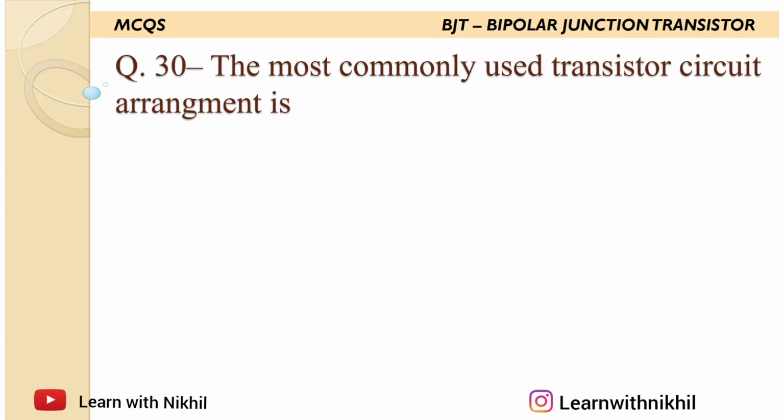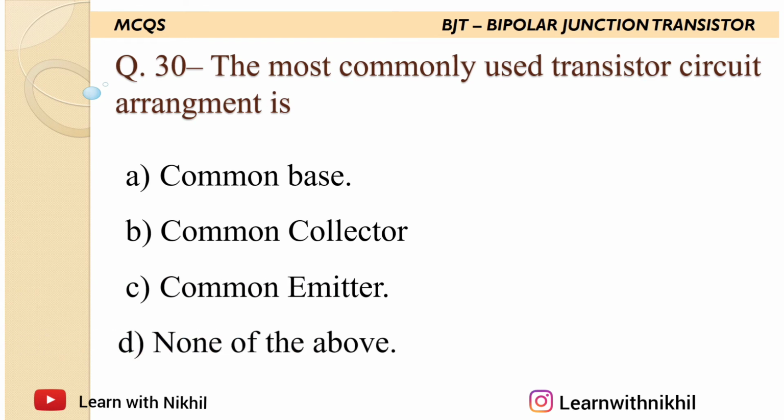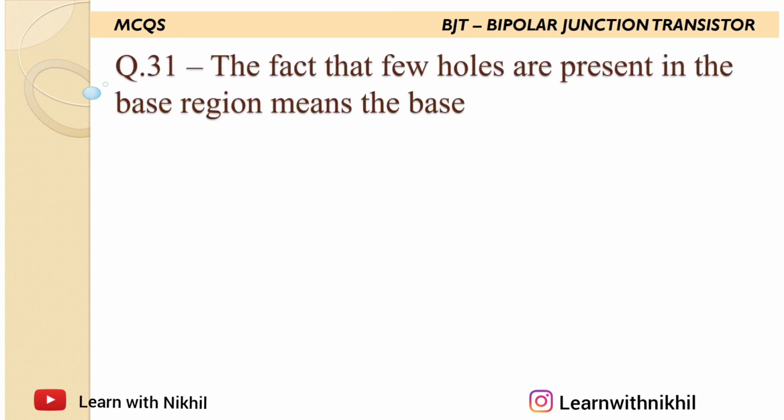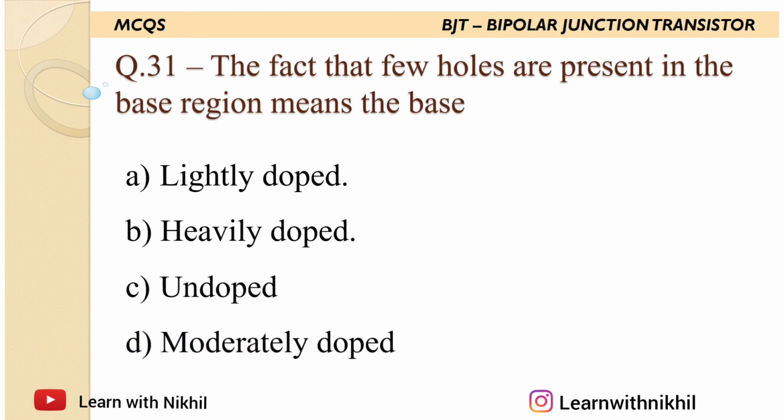The most commonly used transistor circuit arrangement is A, common base; B, common collector; C, common emitter; or D, none of the above. And the answer is common emitter. And the last question. The fact that few holes are present in the base region means the base is lightly doped, heavily doped, undoped, or moderately doped. And the answer is lightly doped.